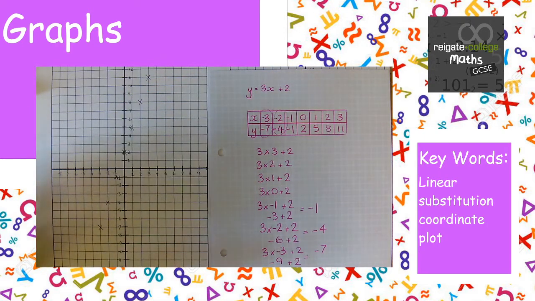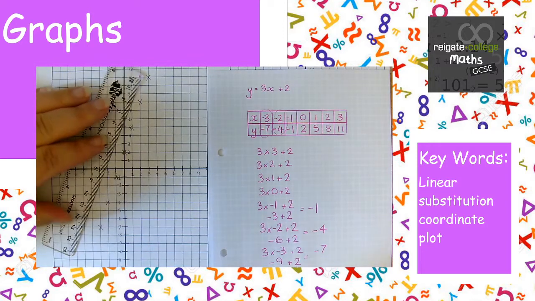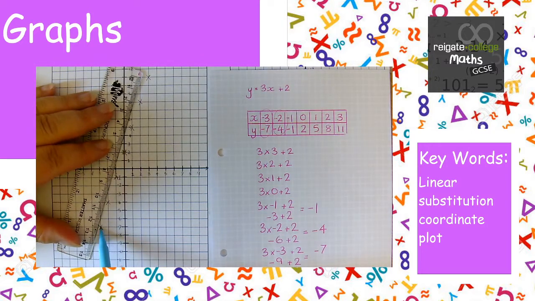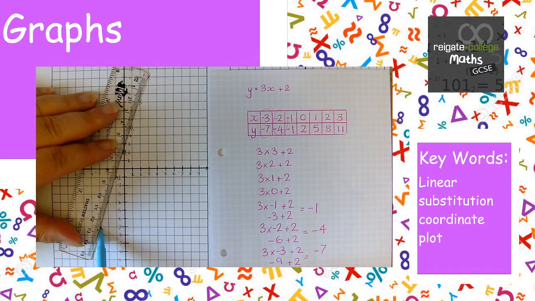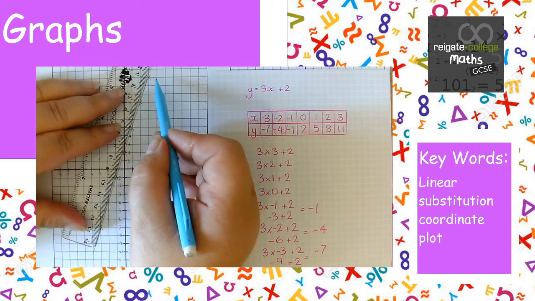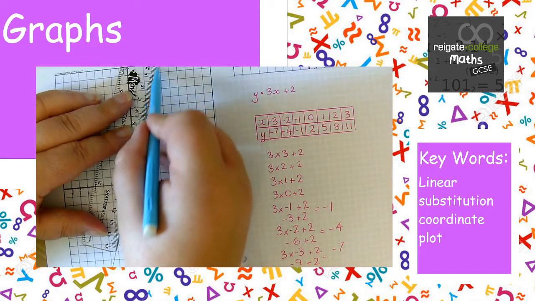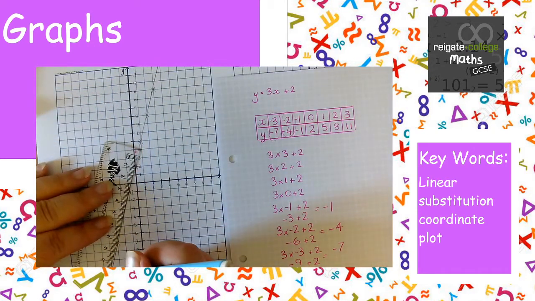Now if I've plotted those numbers correctly, when I put my ruler on them, they should form a straight line. And I'm going to join up the points as best I can, going from the top of my graph paper right through to the bottom.